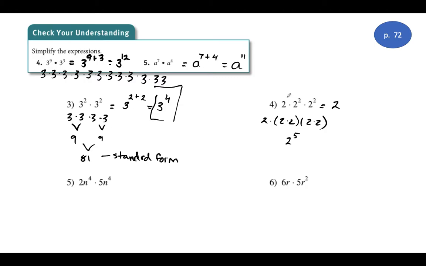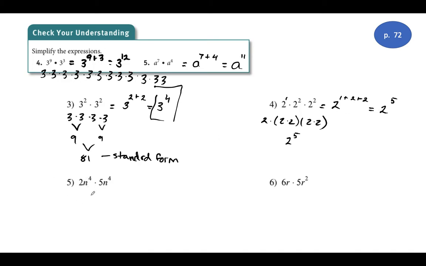We don't put an exponent of 1 because it's kind of obvious there's only one factor of 2 there. But if you are adding your exponents together, you need to put a 1 there or you will not get the right answer. So remember, any factor that does not have an exponent has an invisible 1 floating up there that you can write in so that you can use your rules of exponents.